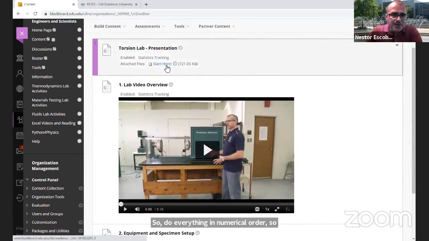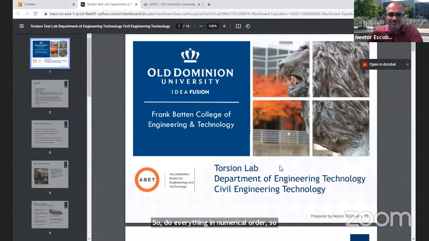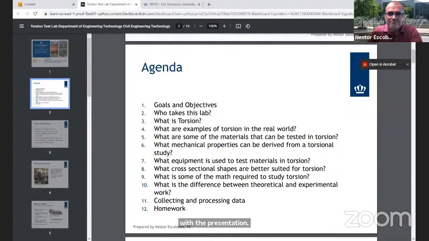So we start here with the presentation, and then we move to a number of questions. Who takes the laboratory? What is torsion? What are the examples of torsion in the real world? What are some of the materials? What are the mechanical properties?